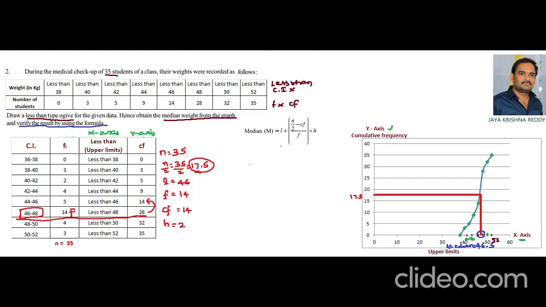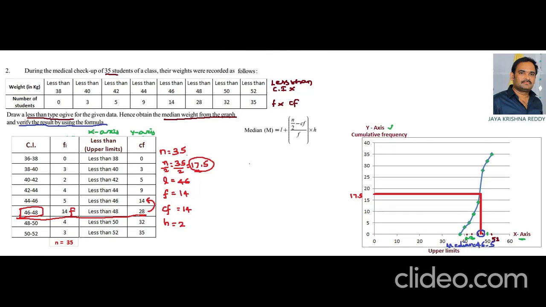Substitute the values in the formula. So median equals L value, 46, plus n by 2 value, 17.5, minus CF value, 14, by denominator F value, which is also 14, into height, which is nothing but 2.